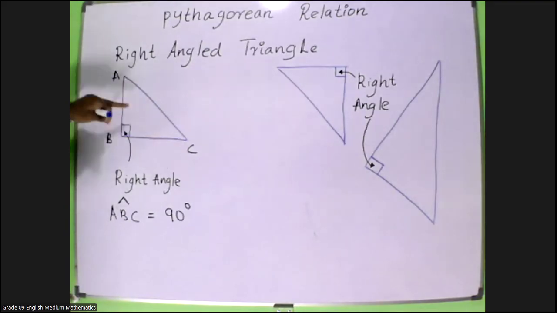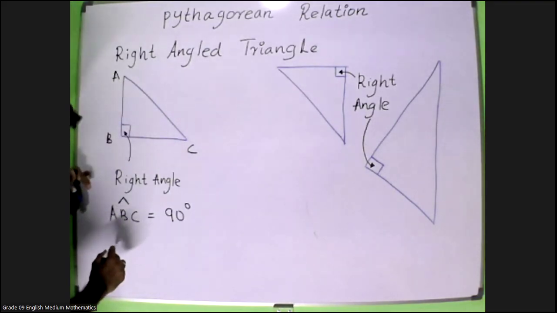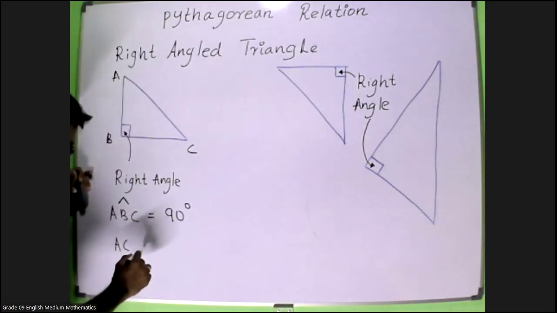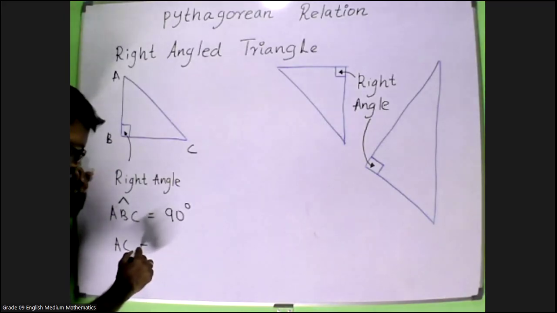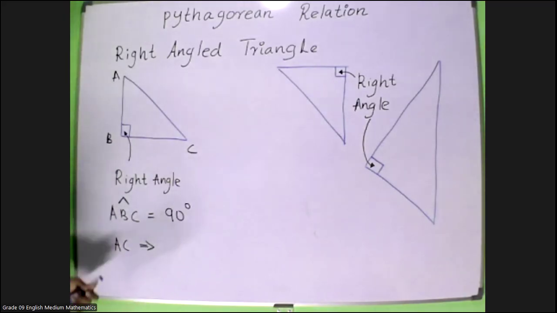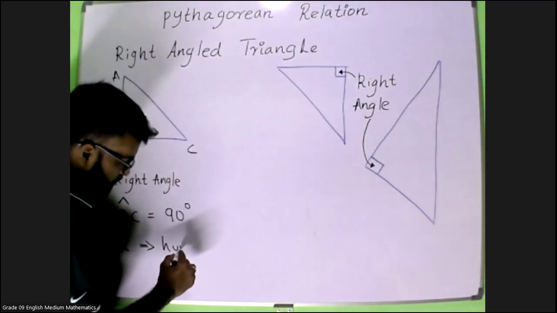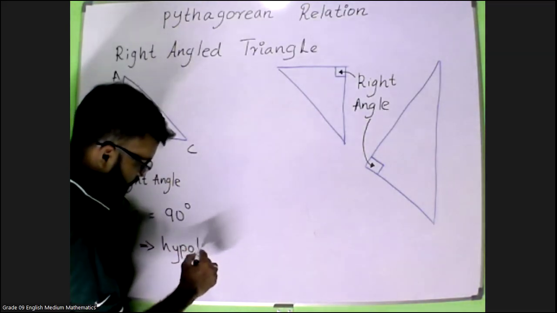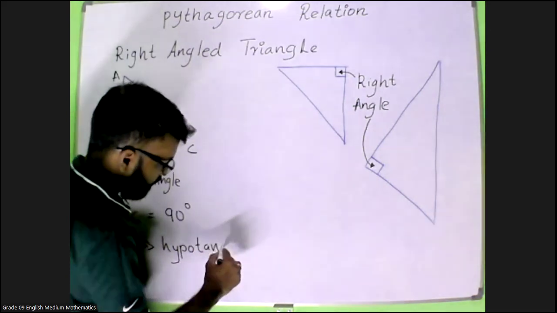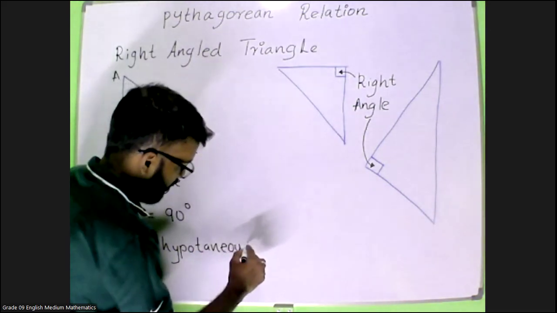And this AC side is called, AC equals, so we call AC our hypotenuse. Right? Hypotenuse.